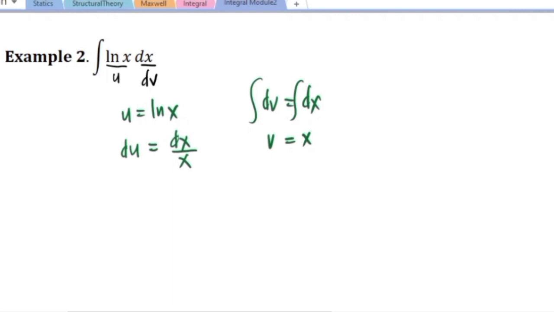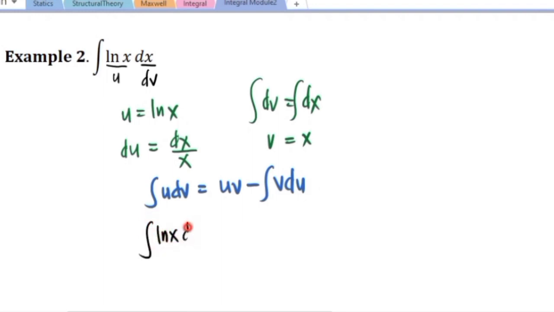So from our formula, the integral of u dv is equal to uv minus integral of v du. So this is the integral of ln x dx is equal to uv, so your u is ln x and your v is x, minus the integral of v du, so your v is x and du is dx over x.